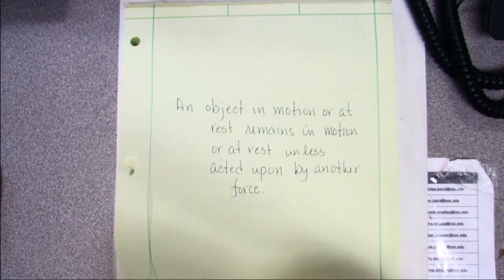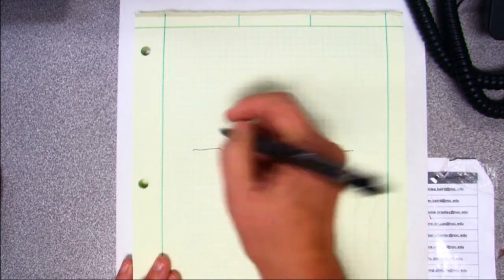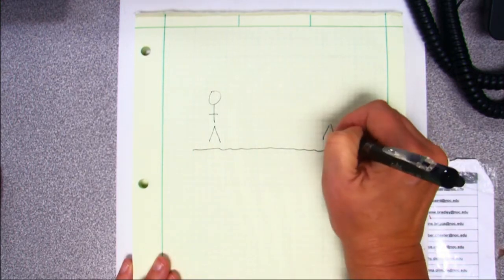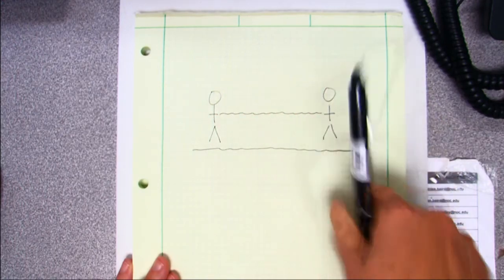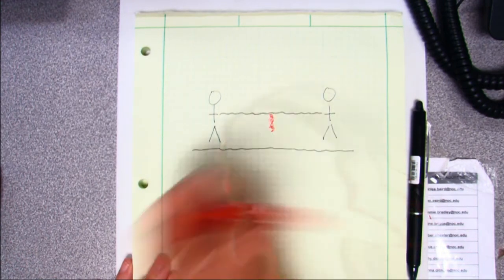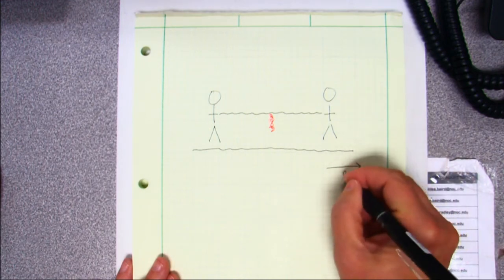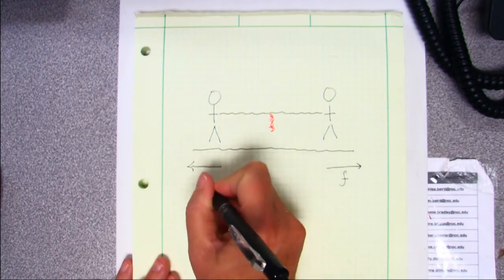So let's think about forces for a second, because motion is going to come about. So I've got a situation here. We've got this person pulling with a force, and this person is pulling with a force.